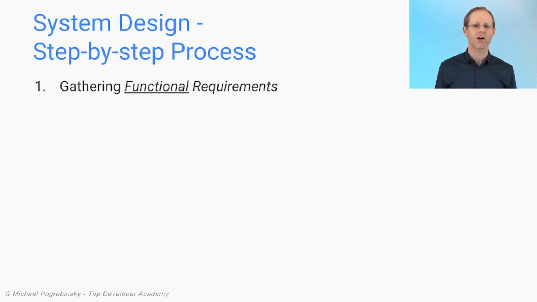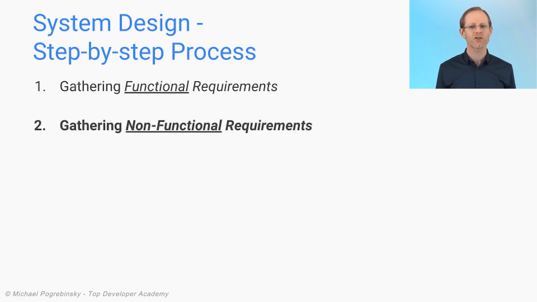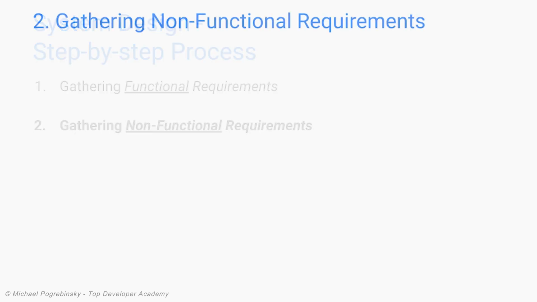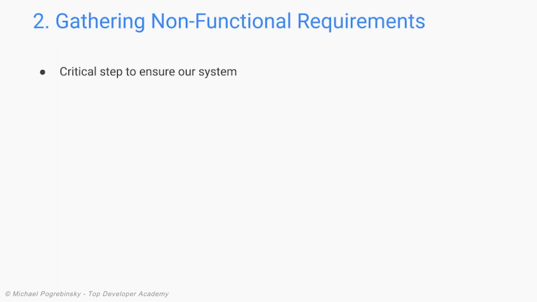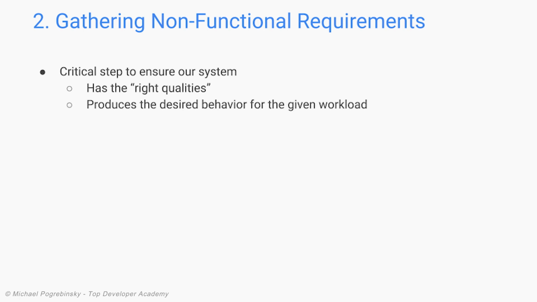The next step in our design process is capturing the non-functional requirements for the system. This part is critical to ensure our system has the qualities our client expects. In other words, we want to ensure that our system can produce the desired behavior not just in general, but for the given workload and context.